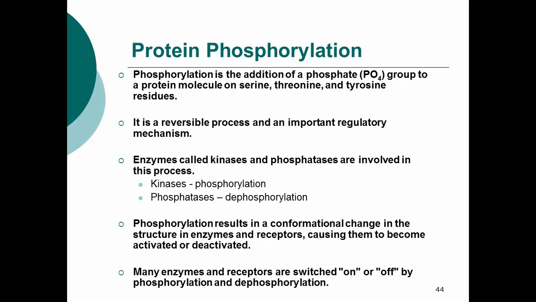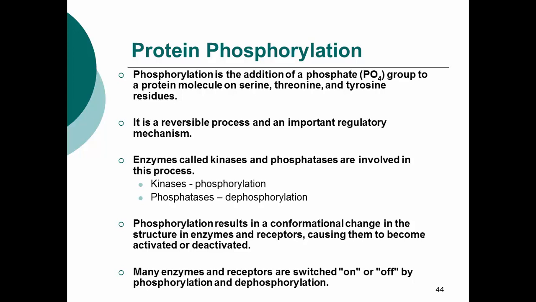So protein phosphorylation means that a phosphate group can be added to amino acid residues on certain proteins. Very common amino acids that can receive a phosphate group are serine, threonine, and tyrosine residues, right?